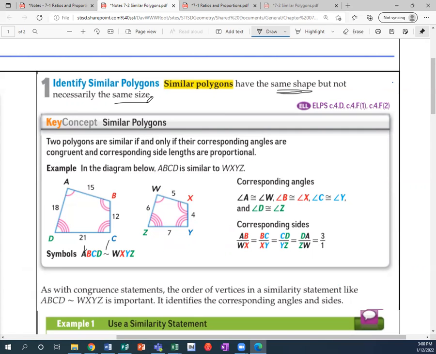The way we can prove, again, back to that word because geometry is all about proving things, if polygons are similar is if the corresponding angles are congruent, but their corresponding sides are proportional. That means when I write corresponding sides as fractions, I'm going to get the same value for each of the fractions every single time I do it.